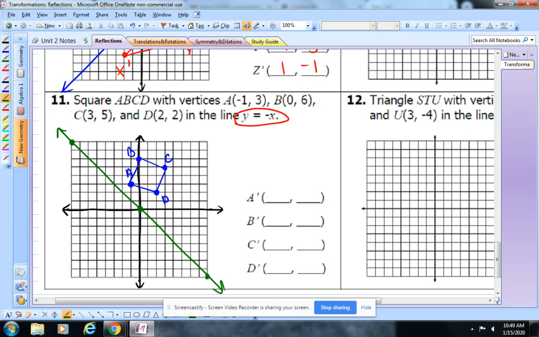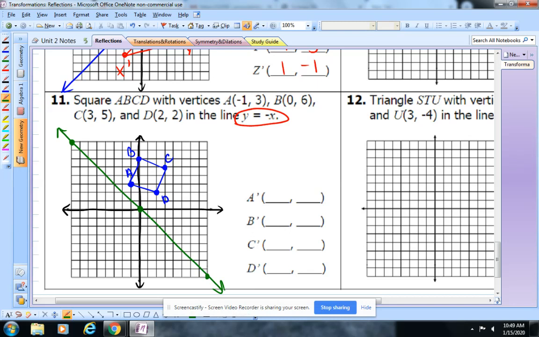Okay. So, as you can probably guess, there is a mathematical trick for the new image's ordered pairs, just like there was for y equals positive x. So remember, for positive x, we just swap the x and y.